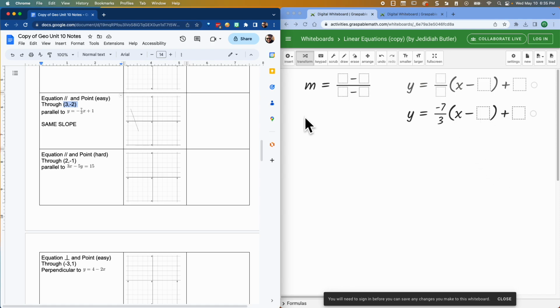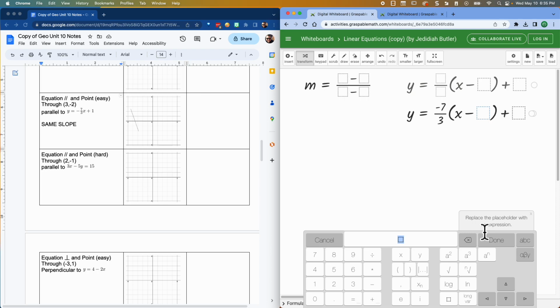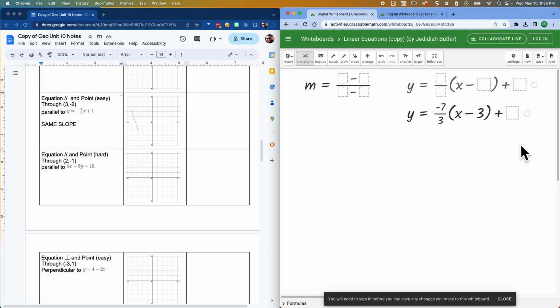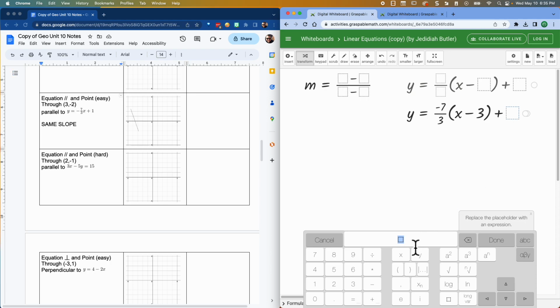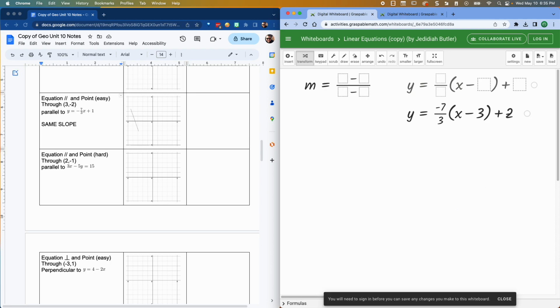So how do I start filling this in? The x is 3, so it goes with the x on the inside here. And the y is -2, so I'm going to change that outer number to a -2. It is a little sloppy in math equation writing to put plus minus or minus minus or plus plus together.